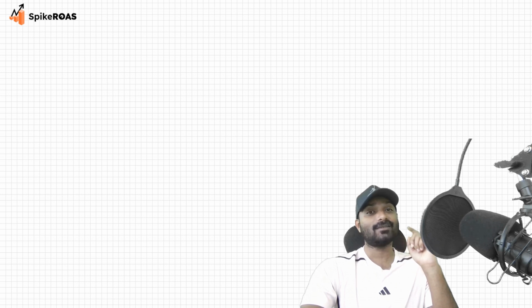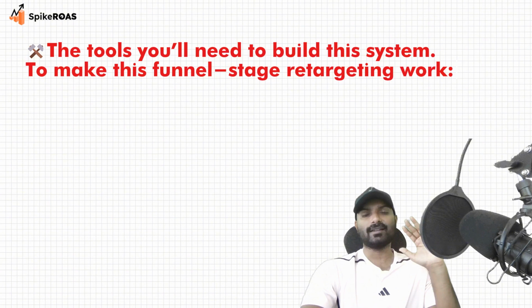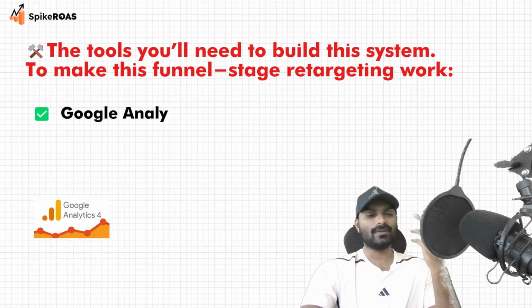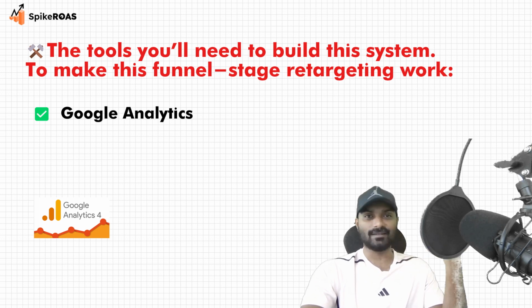Now let's talk about tools. Let's walk through the tools you'll need to build the system. It's very basic, it's very common. To make this funnel stage retargeting work, you can use Google Analytics. Obviously, it's very common, and everyone will have this to track page types and behaviors. From that, you can also segment the audiences to rightly insert into remarketing, into Google Ads remarketing.